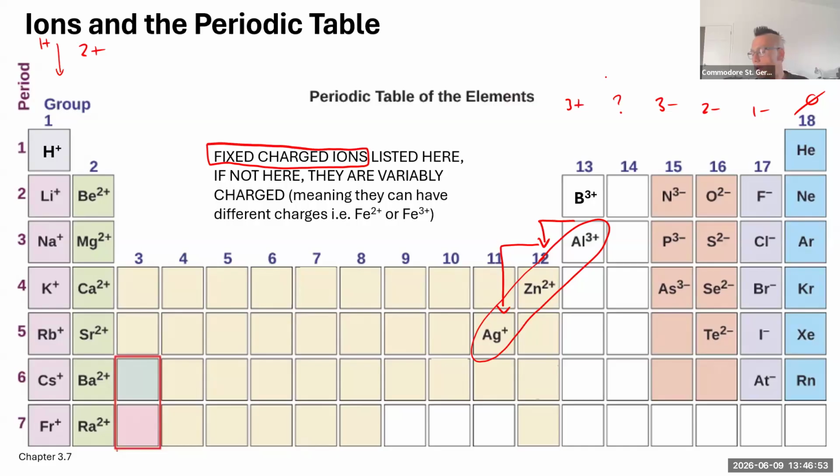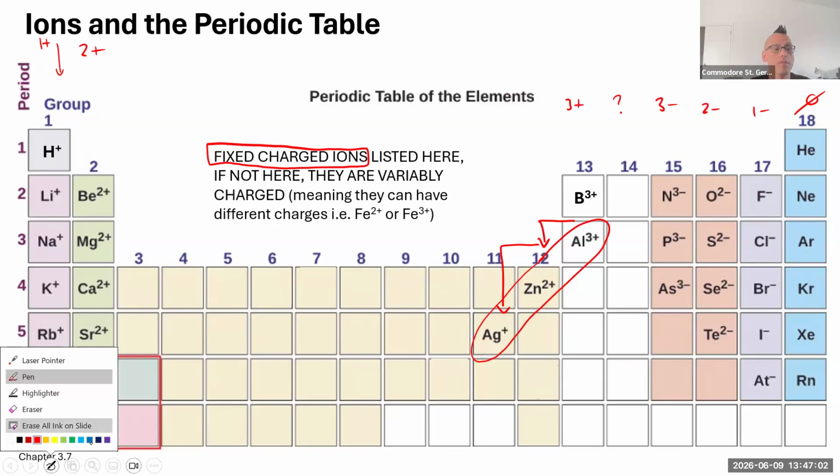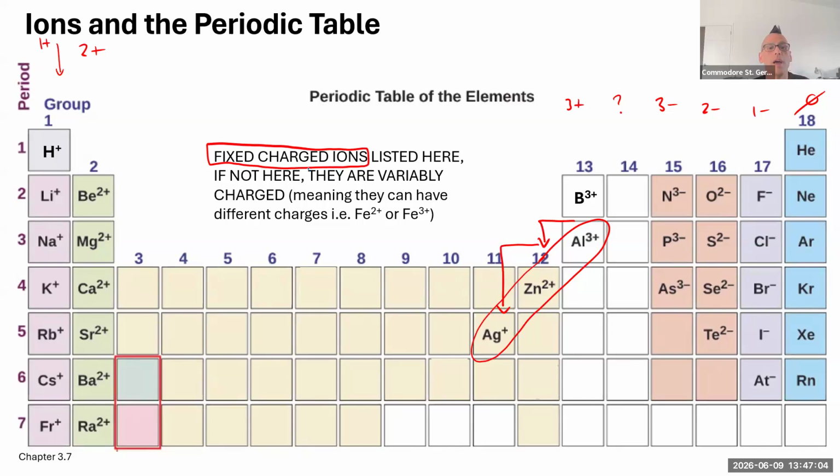And this is going to play a lot into the nomenclature thing, so we're going to need to really focus on this. So fixed charge ions, and there's also something called variably charged ions, meaning they can have different charges. One single atom or one single ion can have two different charges depending on the conditions they're in, right?